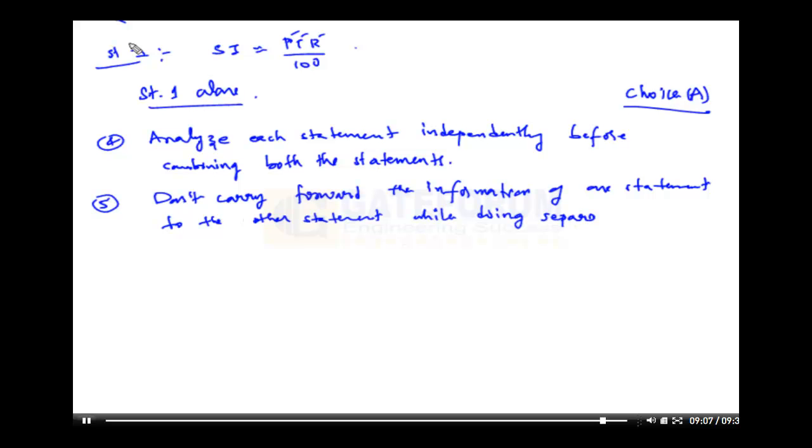Therefore, it is very clear. Next, direction number 6. We have to read the instructions before answering the question. Means what is choice A, what is B, what is choice C, what is D. We have to read the instructions, then we need to go for the problem.